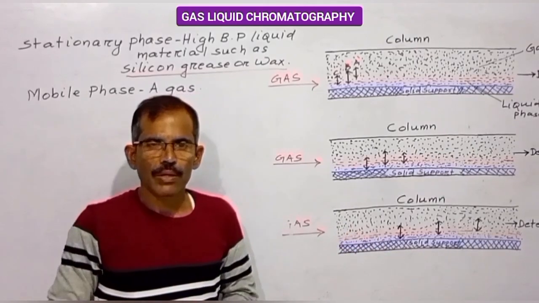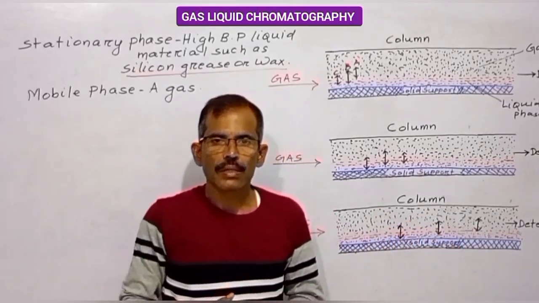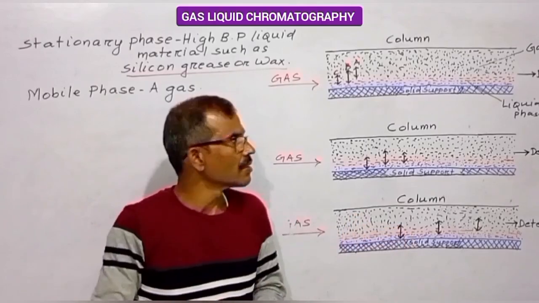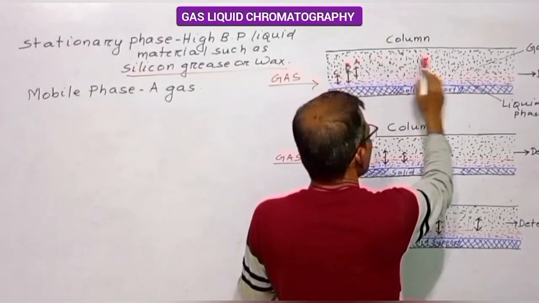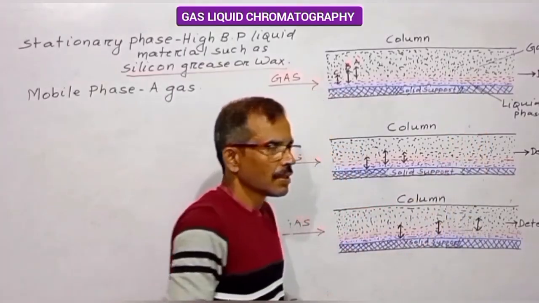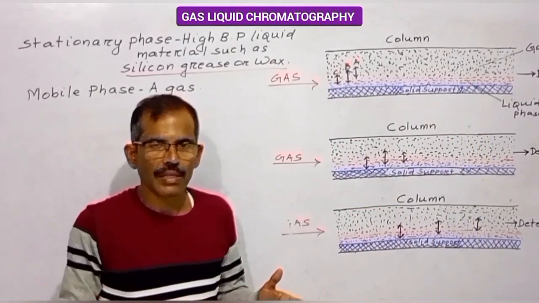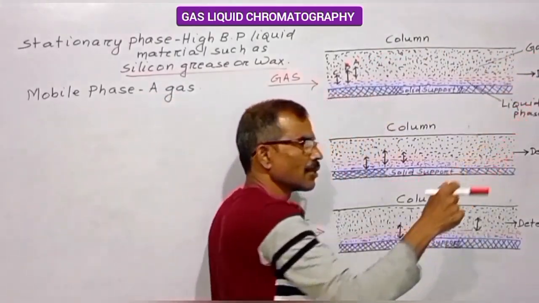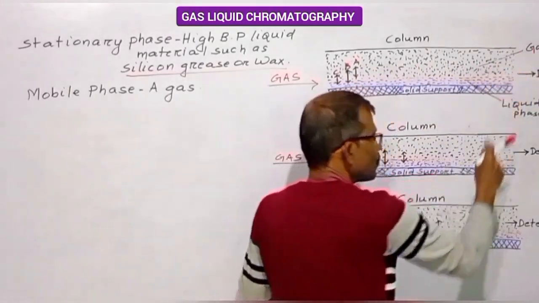Gas liquid chromatography thus exploits differences in the partition coefficients of volatilized analytes between a stationary liquid phase and the mobile gas phase. The analyte which is most volatile will interact strongly with the mobile phase and hence it will take very less time to come out of the column.